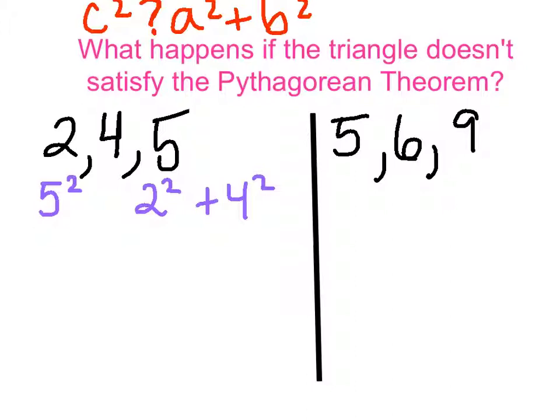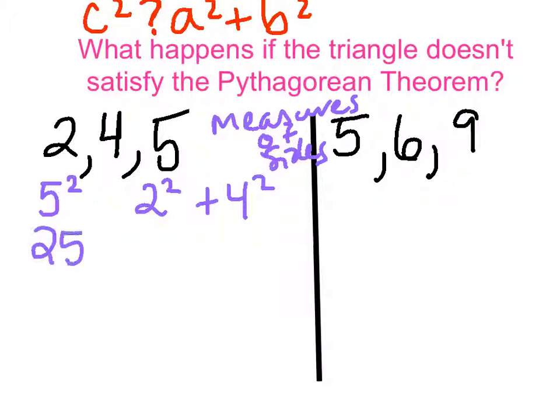One thing I want to mention: these two sets of 3 numbers are measures of sides of 2 triangles, and we're comparing them against the Pythagorean theorem.